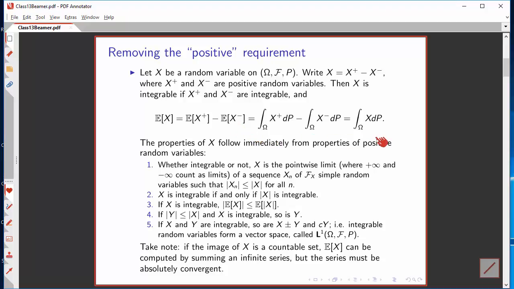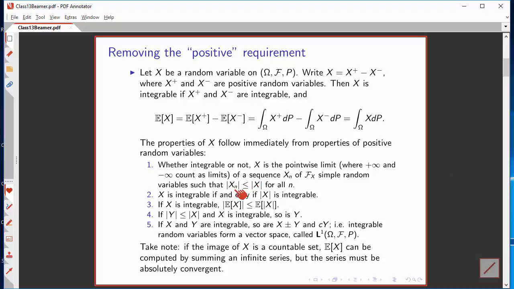We can write this in our standard integral notation. And there are a lot of properties of this random variable x that follow immediately from what we know about positive random variables. First, and this is something that's true whether or not x turns out to be integrable, we can write x as a pointwise limit of simple random variables, where we make the simple random variable x sub n by simply forbidding it to have any value greater than plus n and any value less than minus n.